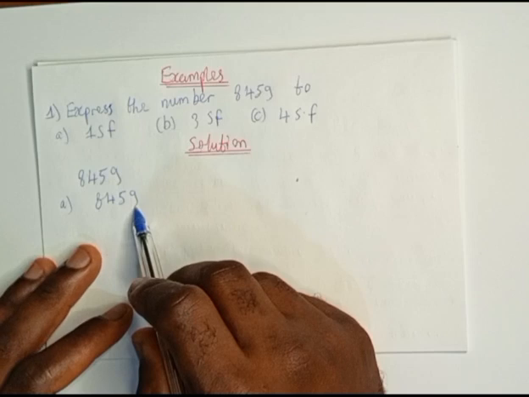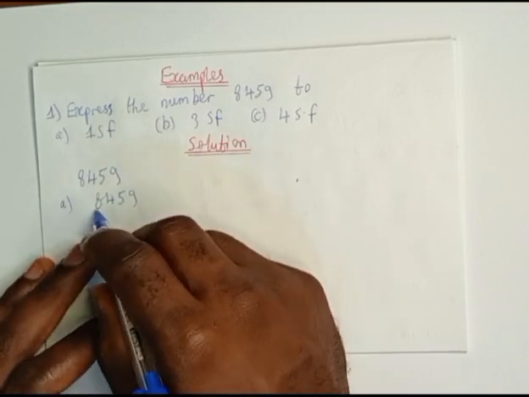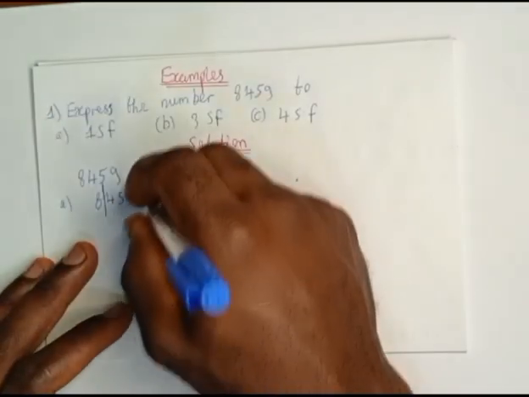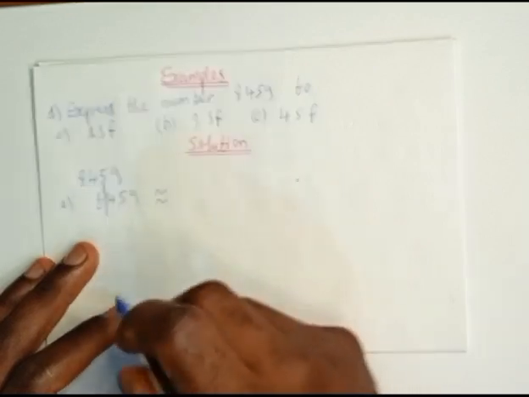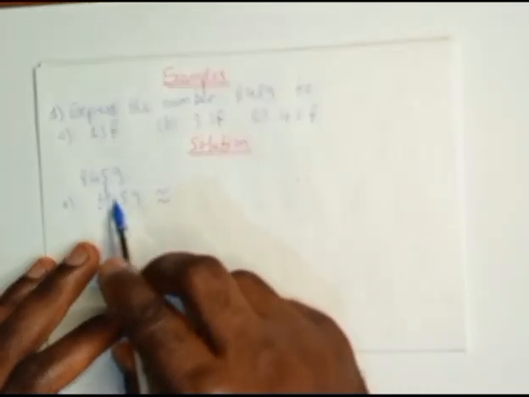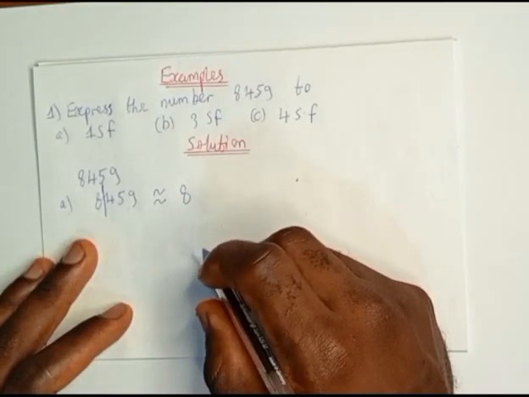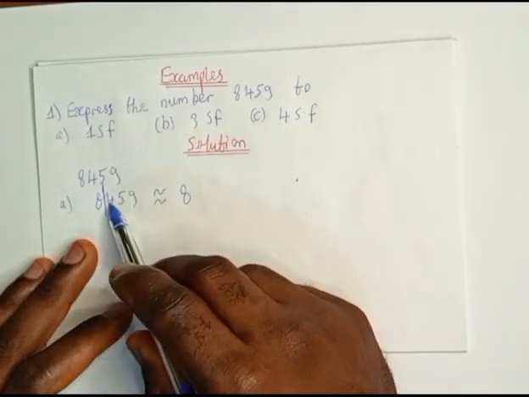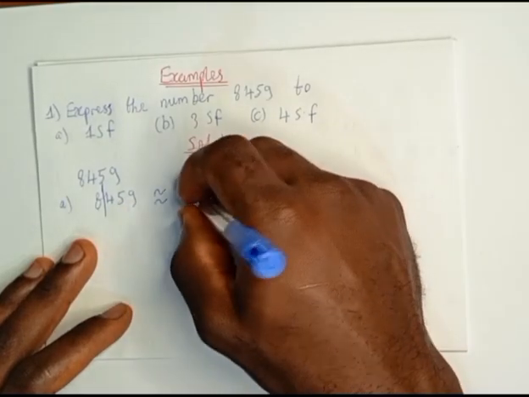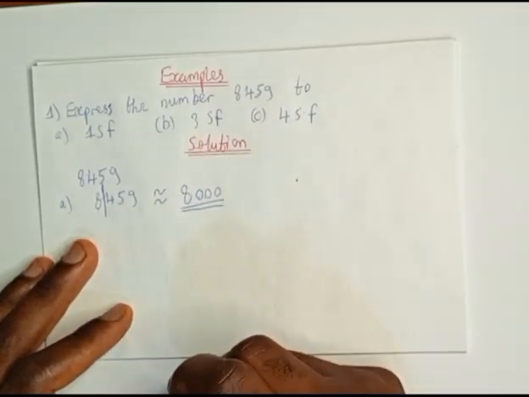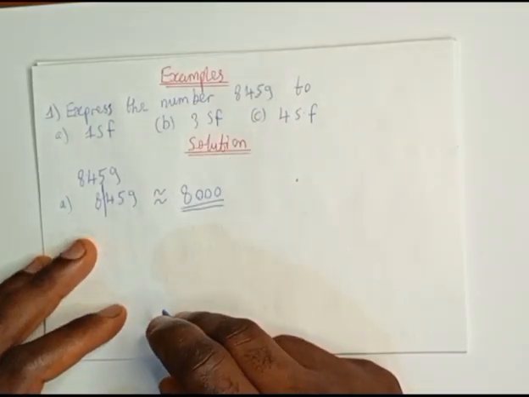Approximating this number to one significant figure simply means we have to round off between the first and the second significant figures. We draw a vertical line here, and this will be approximately: 4 is less than 5. It is rounded down to 0. This will give us, write the first significant figure, which is 8. Then we replace all the other digits with zeros. And this will give us 8,000 to one significant figure.